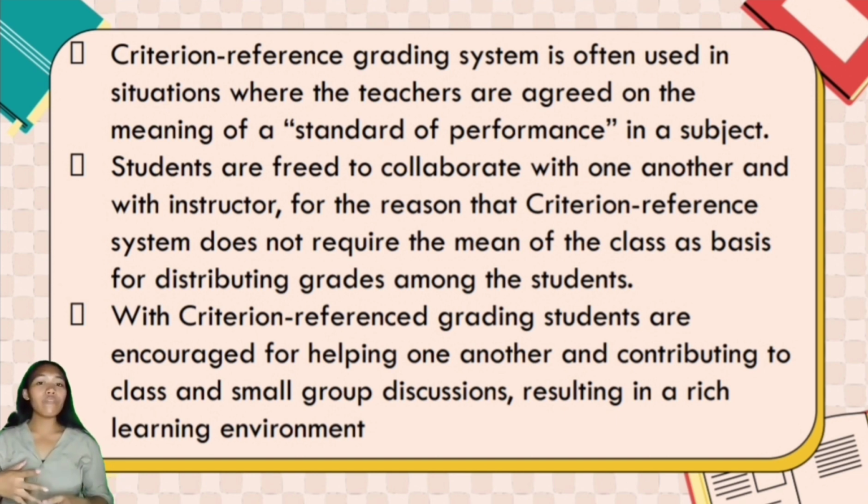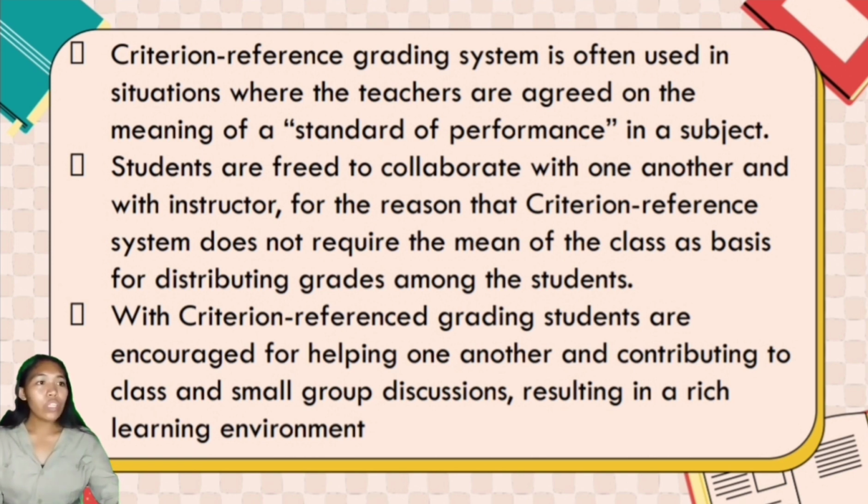So in criterion reference grading, you are free to collaborate with or help your classmates with their work, because it does not affect you at all if you help one another in this kind of activity. Your grading is based on your performance alone, which others' performance does not affect. It is based on your performance and the criteria set by the teachers.